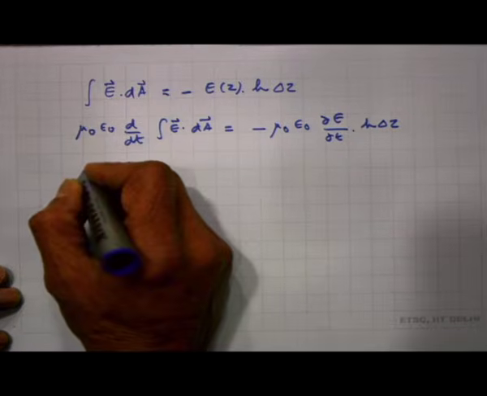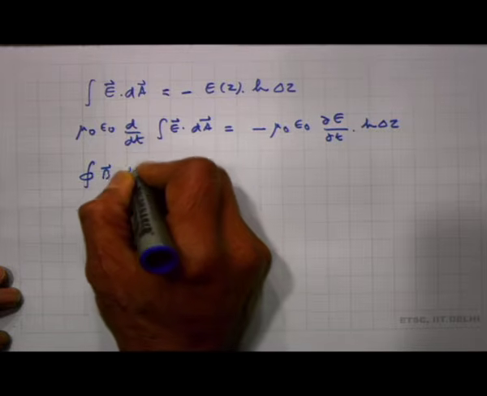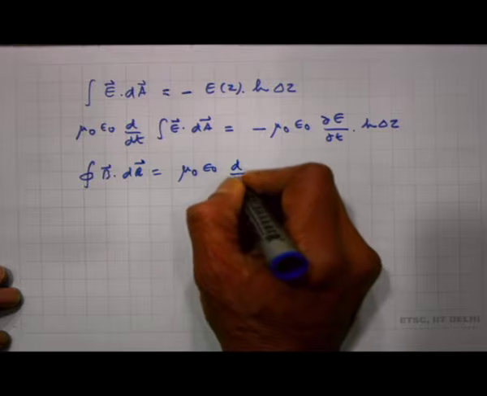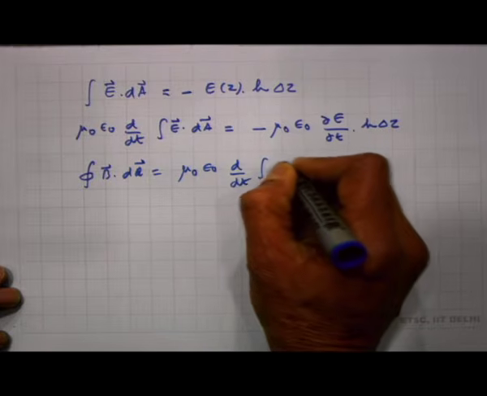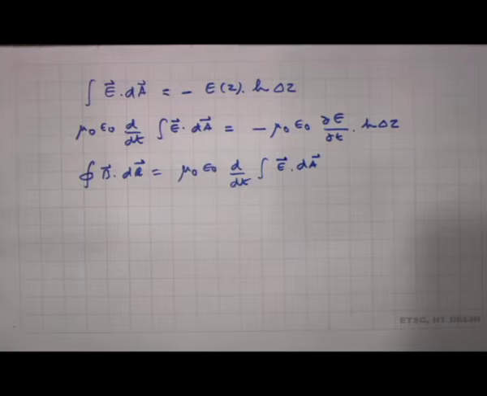So, I substitute both of them into this integral of Ampere's law. B dot dl is equal to mu naught epsilon naught d by dt of integral E dot dA. I just calculated the B dot dl integral.